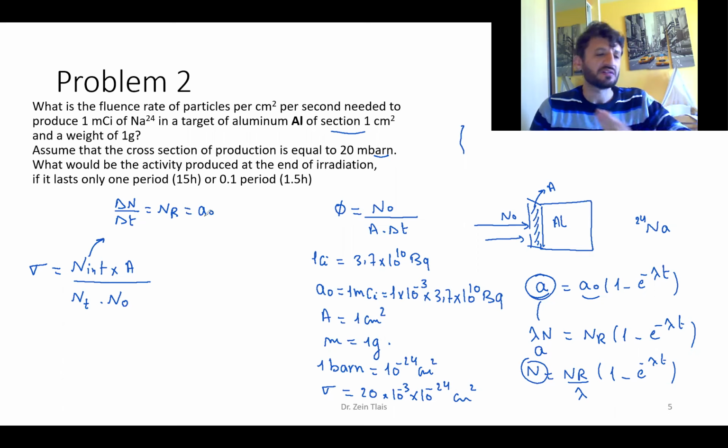All the time, N R is A0, the activity of production of unstable element. Okay, I give you its value, which is equal to 1 times 10 power minus 3 times 3.7 times 10 power 10 Bq.